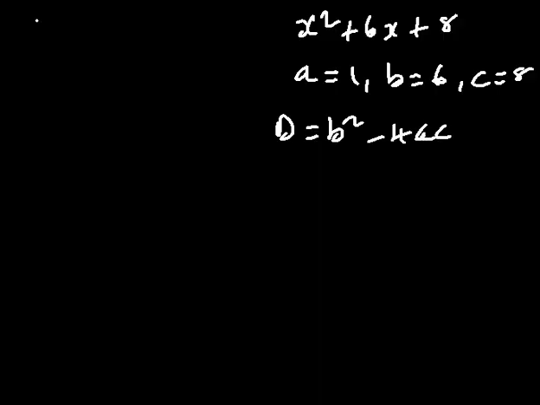But if it is a perfect square, the discriminant has to be equal to 0. Let's see if it will be that. b is 6, so that is 36.